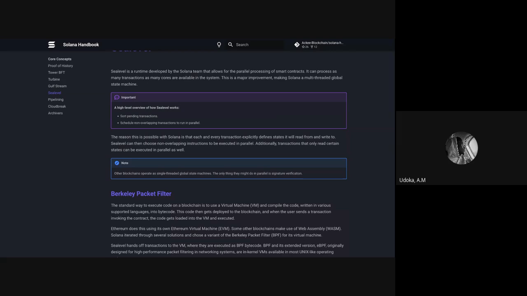Instead of having to wait, say there are transactions being sent to a particular validator or leader, which gives them out to a validator to be run. What Sealevel does is prevent overlaps in how the transactions are being shared.